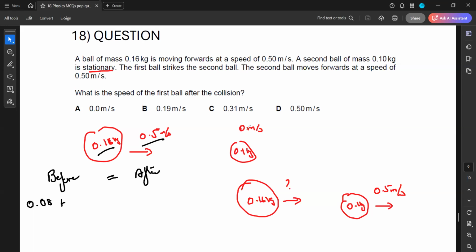Plus the momentum of this object which was stationary, not moving, so 0. After, we don't know its speed, so its momentum is 0.16 multiplied by V. Plus the momentum of the second object, 0.1 multiplied by 0.5, so 0.05.